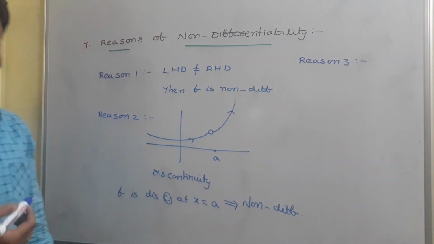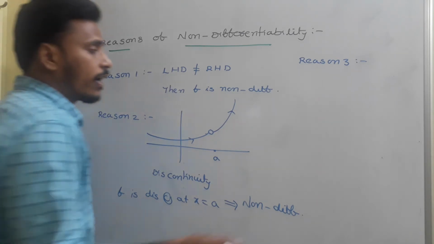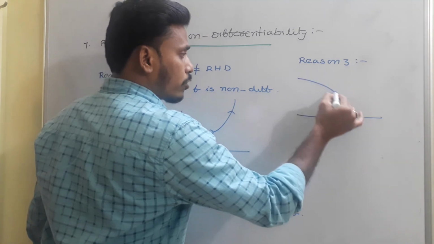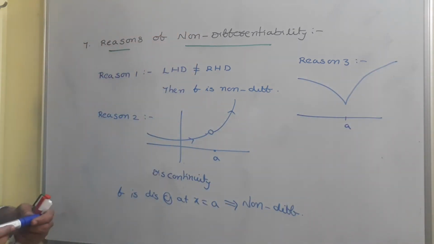Coming to reason 3, a vertical tangent is one of the reasons for non-differentiability. Suppose we have a vertical tangent at a particular point, then it leads to non-differentiability. For example, at a point A, suppose the graph is just like this. There are some functions where the graph looks like this.